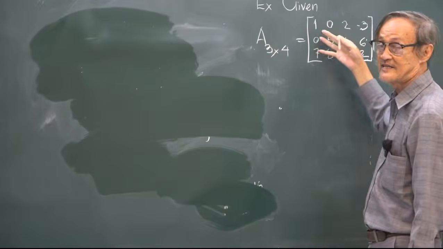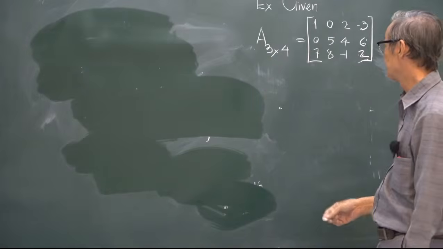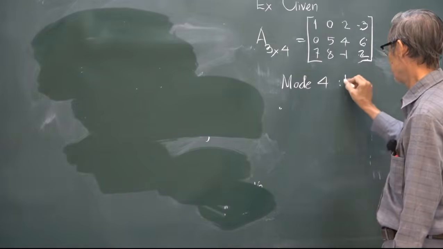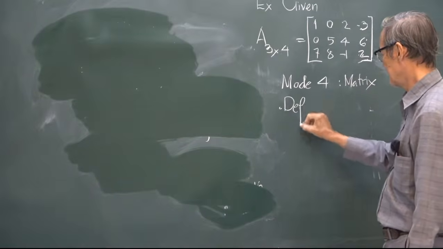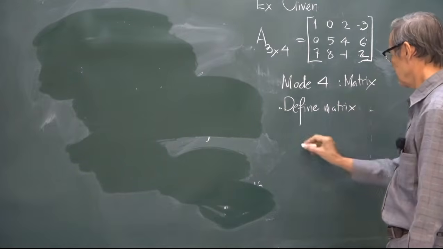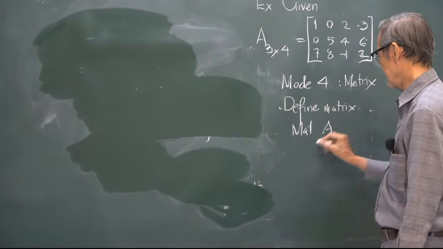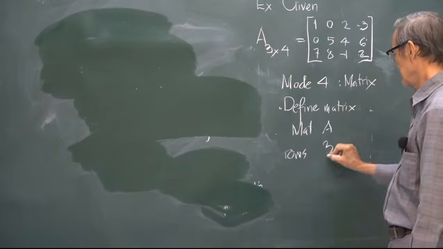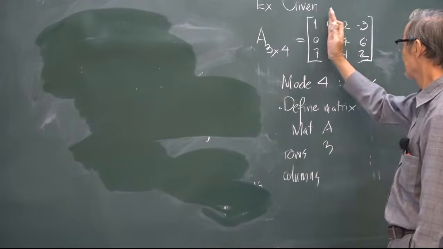You can enter this matrix in a pocket calculator. Mode 4 matrix. Define matrix. We choose mat A number 1 and number of rows 3 rows. Number of columns 4 columns.